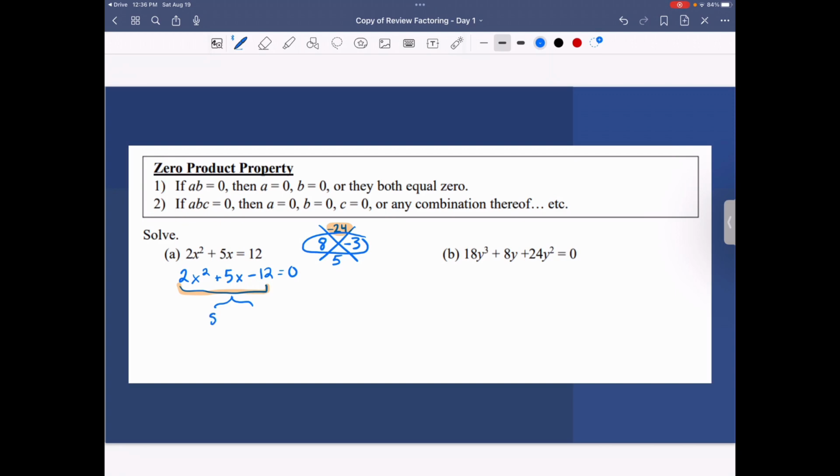So we'll have, instead of 5x, we're going to have 8x minus 3x. See how those equal the 5x? Then I'm going to bring down the 2x squared, and I'm going to bring down the minus 12. So this x method is the trial and error method.